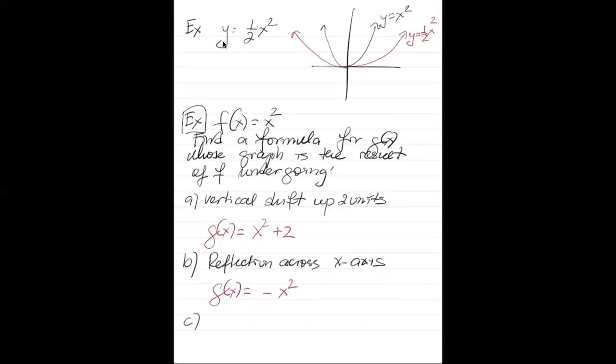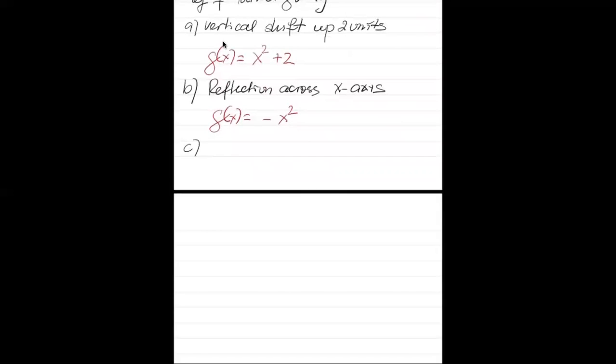And lastly, horizontal shift to the right 1 unit. So g of x would be x minus 1 squared. And that concludes 1.7.